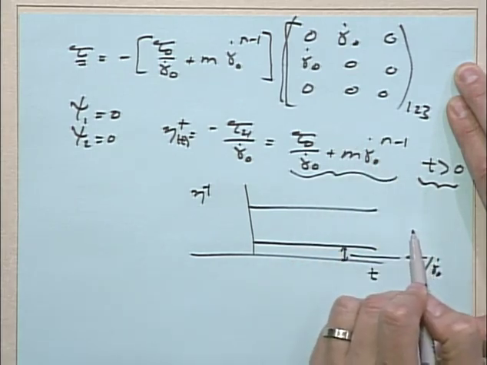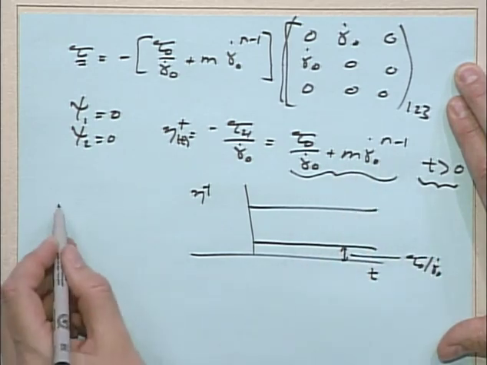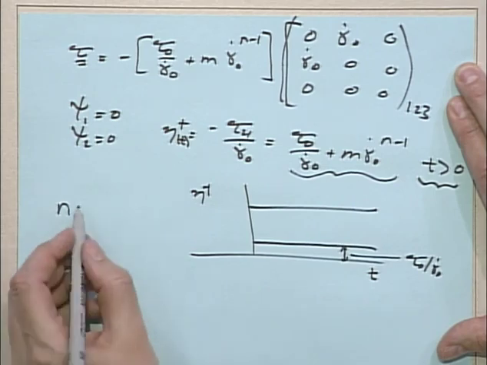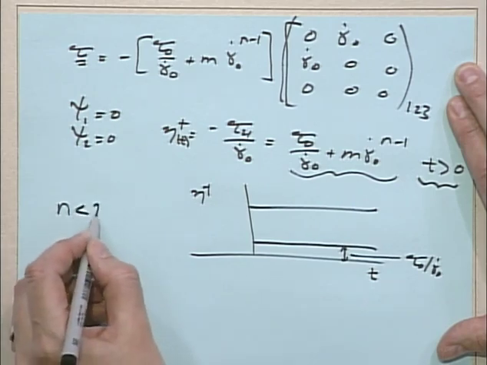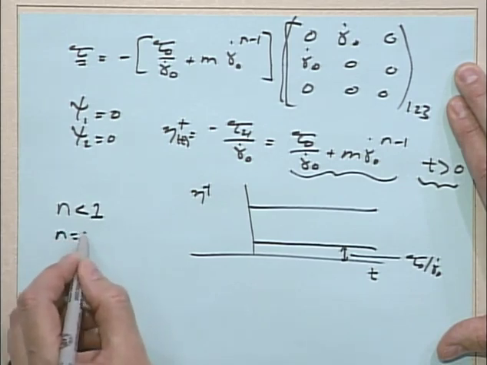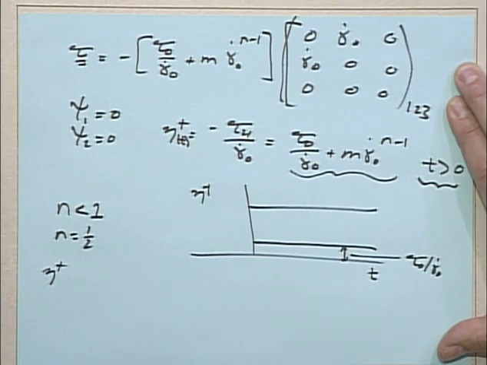And this term says, depending on what n is, and n in these models I haven't said, so this would be up to you if you were sketching it. n is usually less than 1 in these shear thinning type models. So if we pick n equal to 1/2, then our viscosity function is related to tau naught over gamma dot naught.